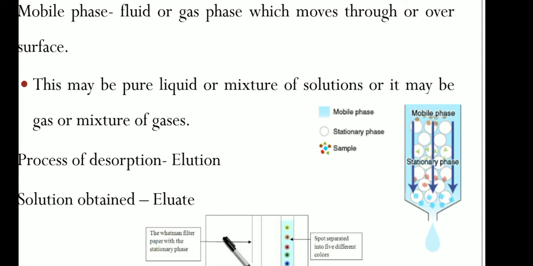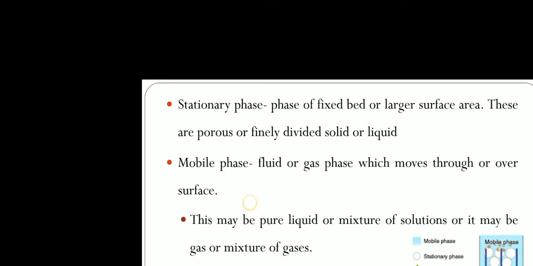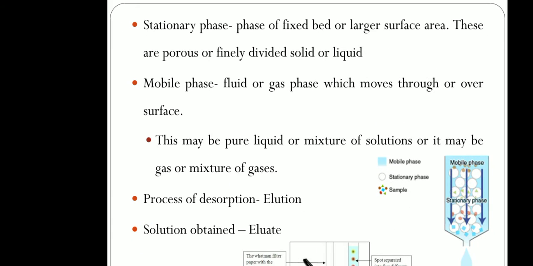So stationary phase is a fixed bed having large surface area, and usually porous or finely divided solids or liquid, coated as a thin layer on an inert support material. In case of liquids, that will not be able to stand as such, so we have to provide one support material.